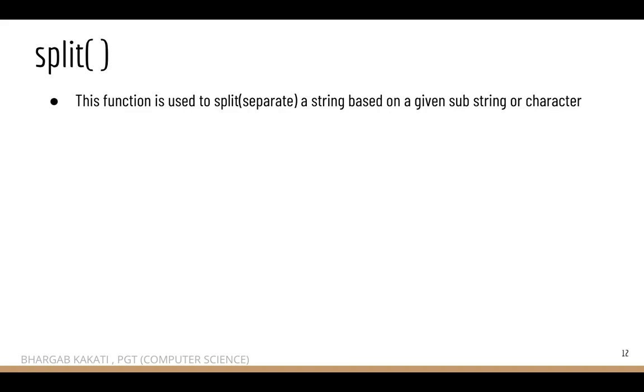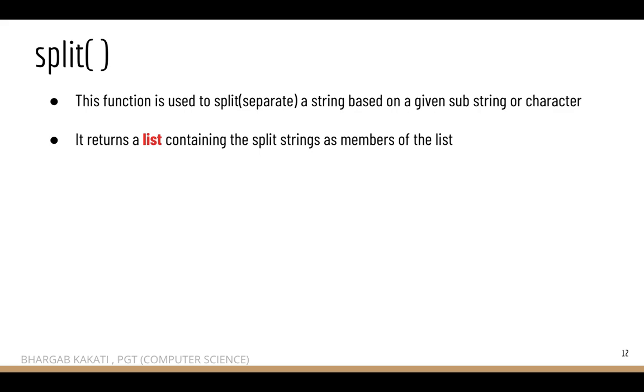So it will split an entire string based on the character or the group of characters that you want to separate it with. It will be clear with examples. It returns a list containing the split strings as members of the list. Now in the previous function, it returned a tuple, but in this function it will return a list. The syntax goes as follows.